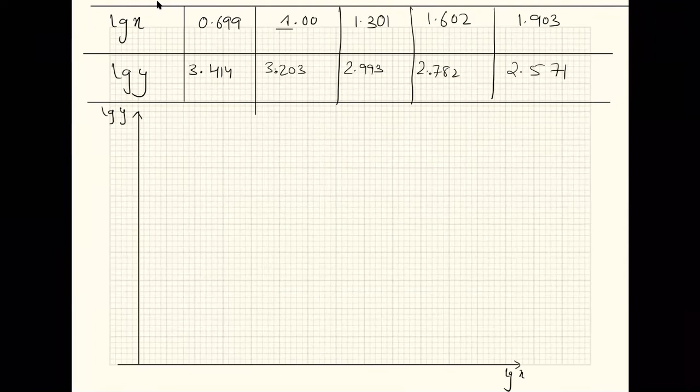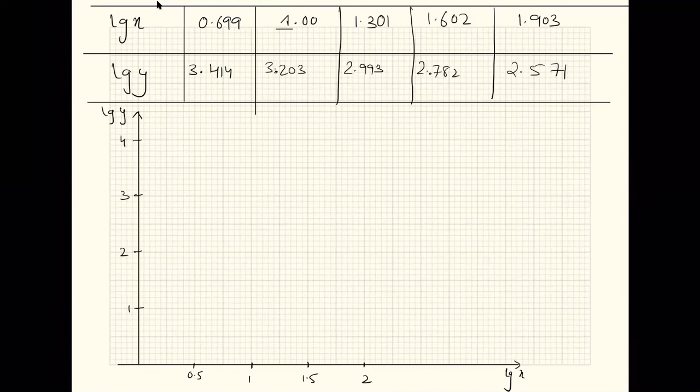So the first value comes at 0.6. What I'm going to do is call this 0.5, 1, 1.5, and 2. And for y, I must only go till 4, I think. So that's 1, 2, 3, and 4.